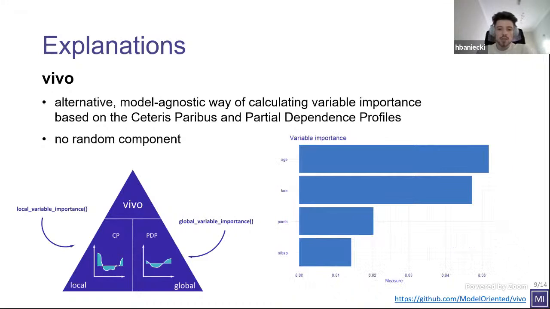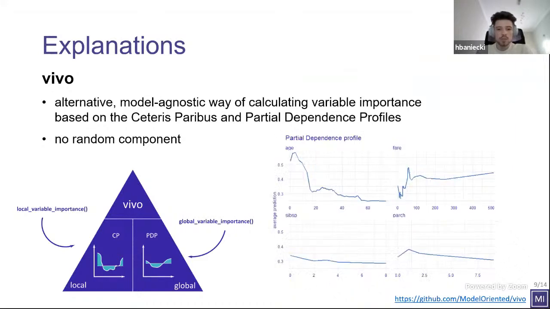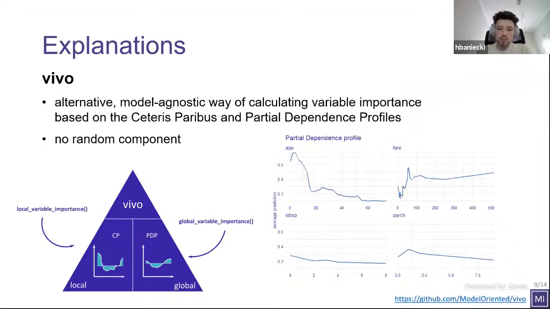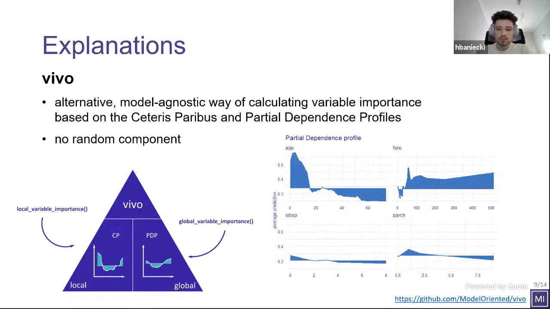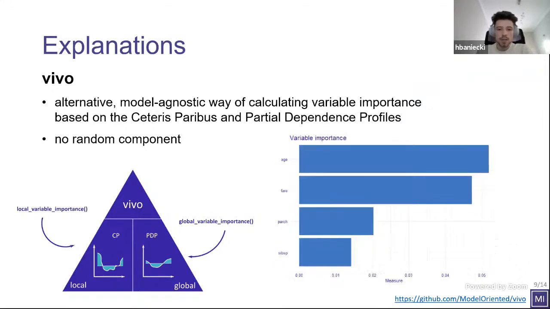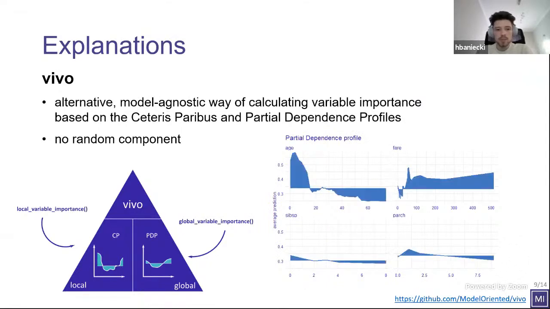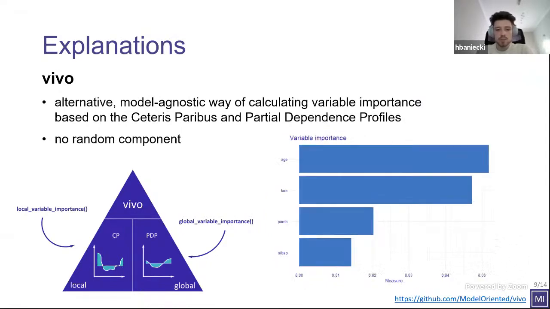The intuition stays the same for local and global variable importance. It's just the change from ceteris paribus to partial dependence. Of course, there are many ways of calculating the deviation, such as the area under and above the curve. So there are a lot of parameters in this package that you can customize to your needs.